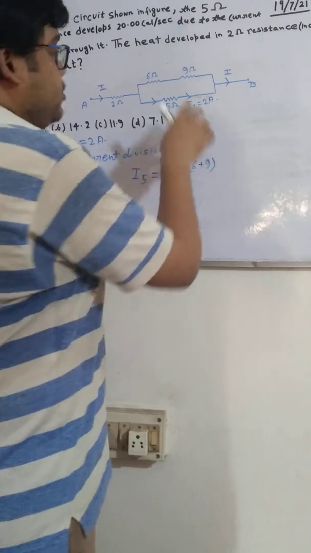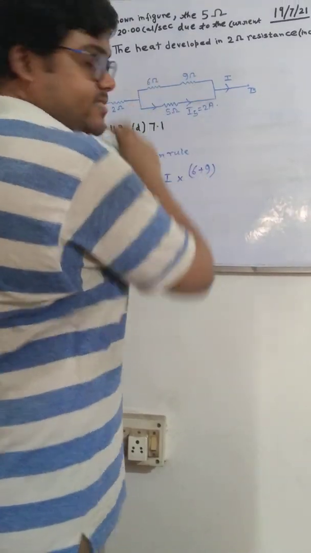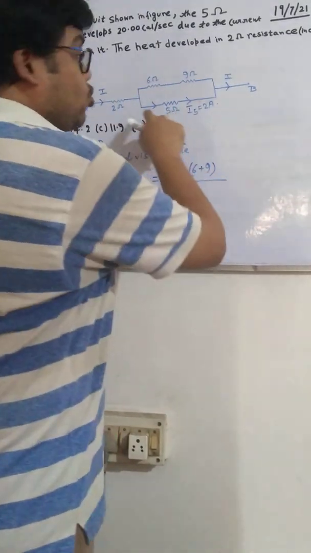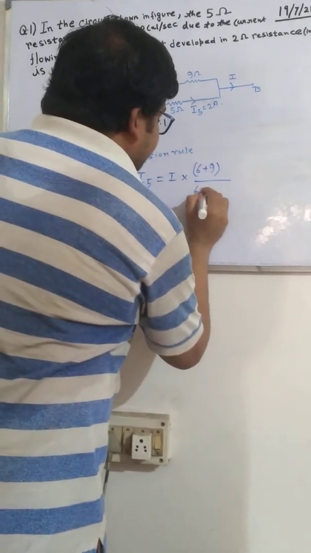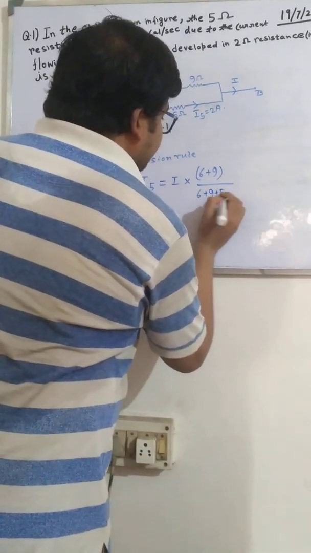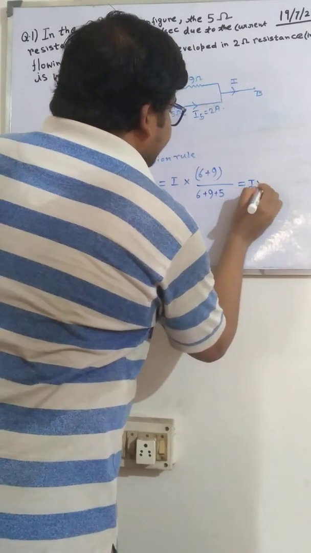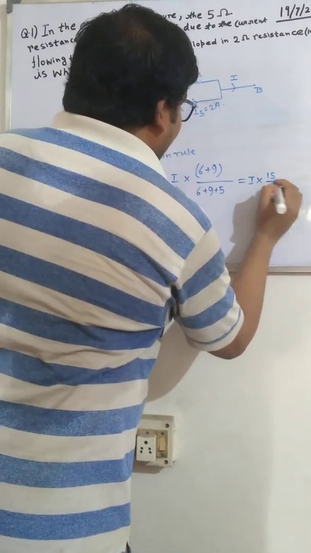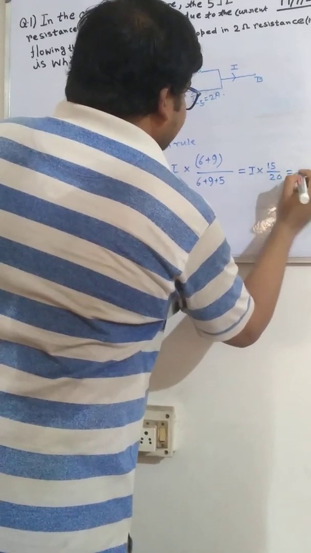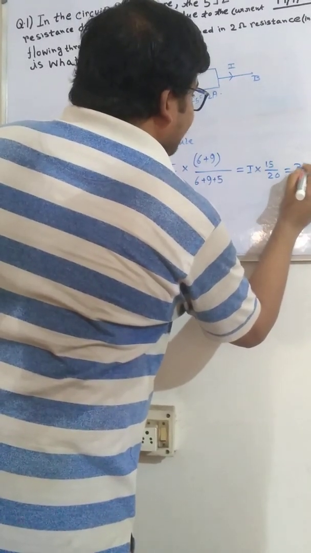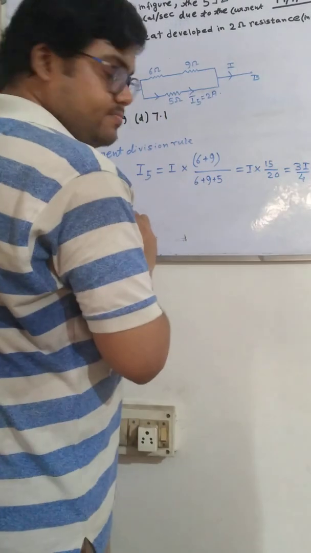Why 6 plus 9? Because both the resistors are connected in series. Divided by total resistance, that is 6 plus 9 plus 5. So it is I into 15 upon 20. That is 3I by 4.